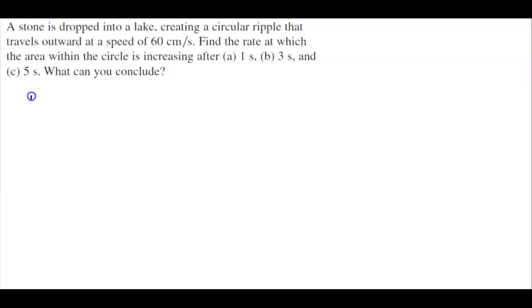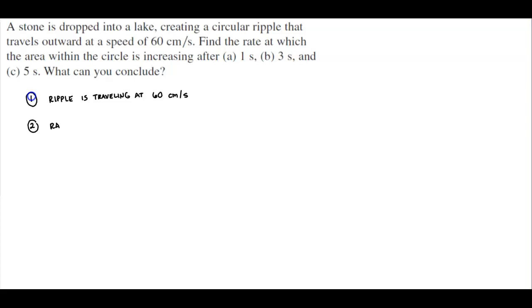Okay, well first, what we need to talk about is the fact that the ripple is traveling at 60 centimeters per second. And then we also know that, what does the radius equal here?